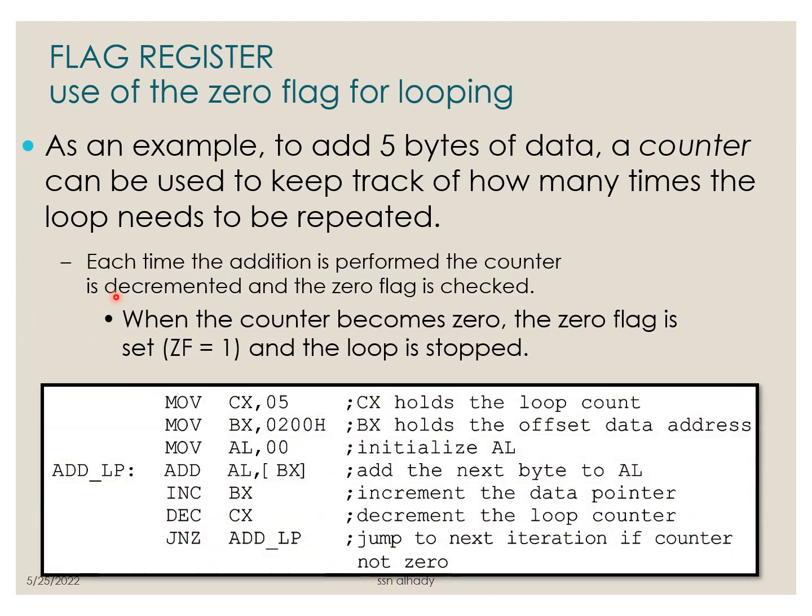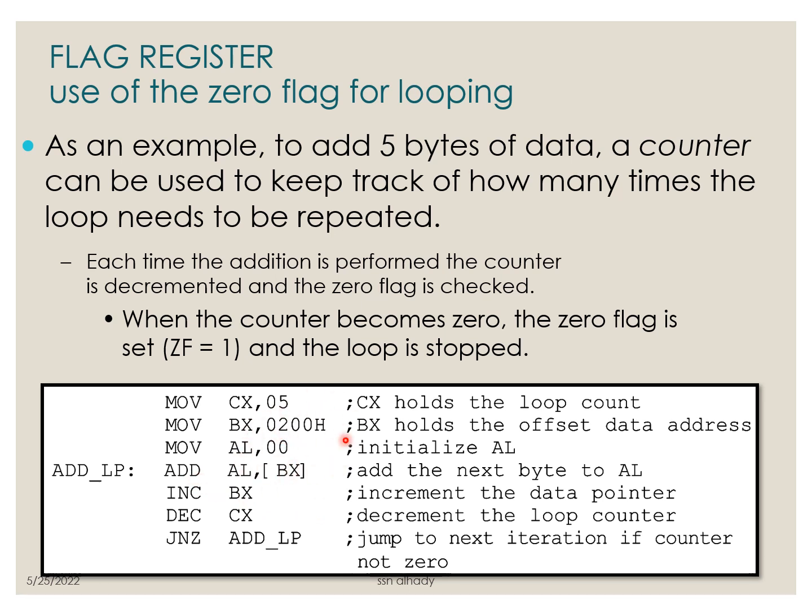Okay, if you look here, each time the addition is performed, the counter is decremented and the zero flag will be checked. When the counter becomes zero, the zero flag will be set and the loop is stopped. If you look here, CX is used as a counter.